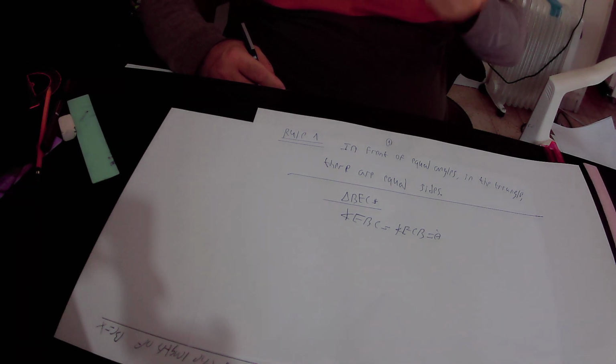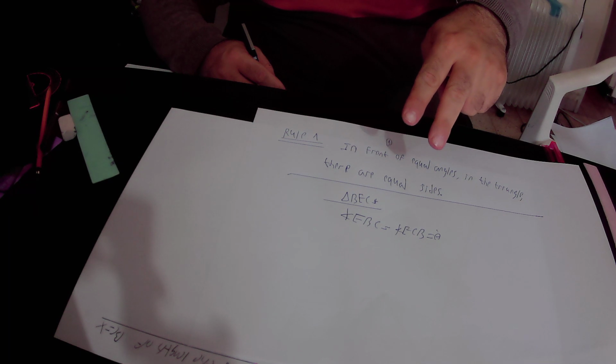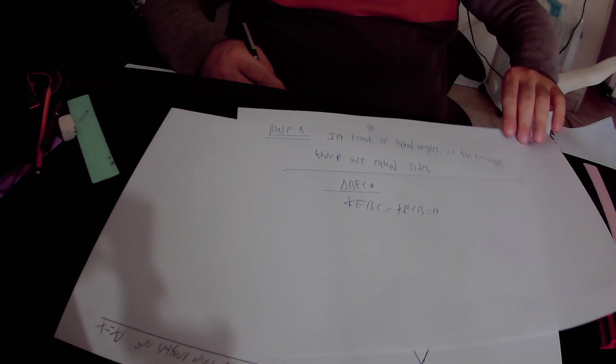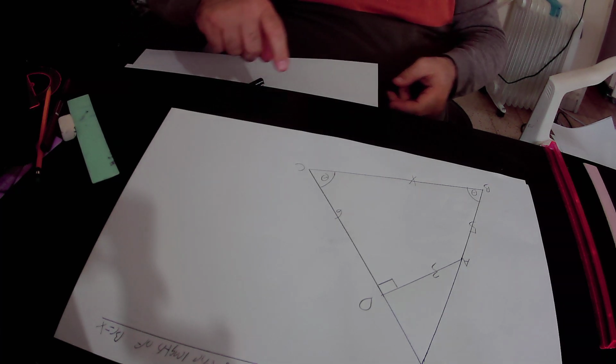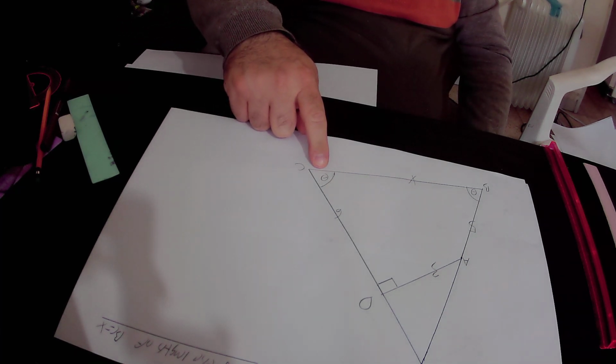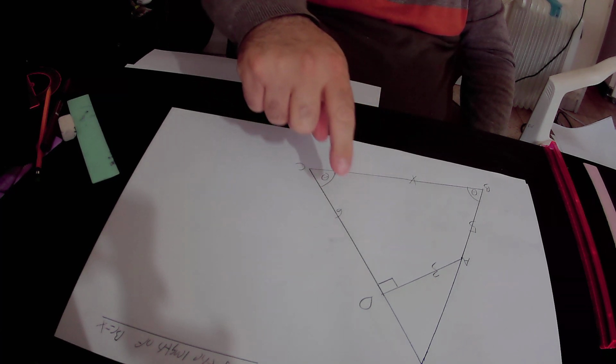Therefore, according to rule number 1, in front of those two equal angles, there are equal sides. So here, in front of this angle theta, we have side EB. In front of this angle theta, we have side EC.